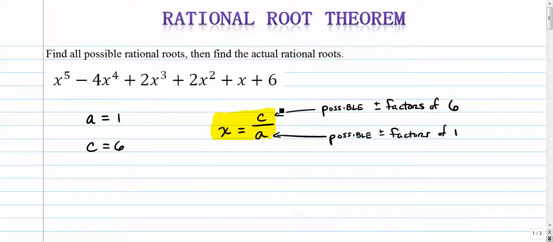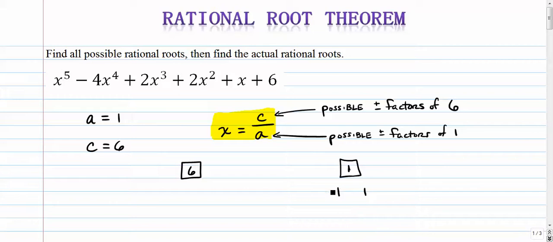Let's first find the positive and negative factors of 6 and then the positive and negative factors of 1. Let's do this one first. This one's pretty easy. You either have 1 times 1 or negative 1 times negative 1. I'm not going to write it like that all the time because our lists are going to be pretty lengthy a lot of times.